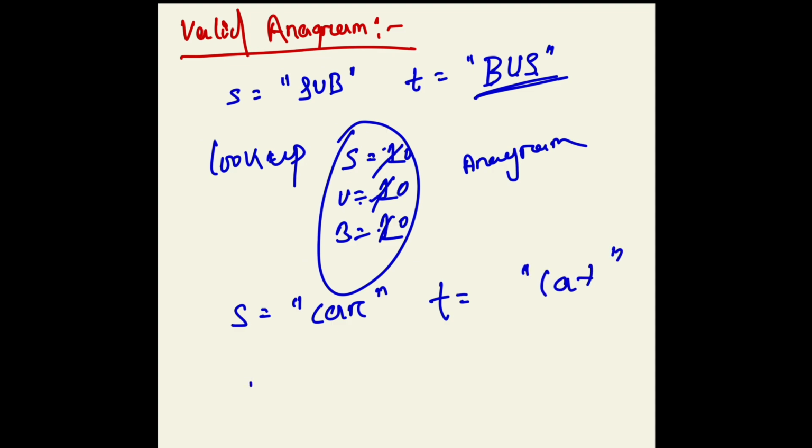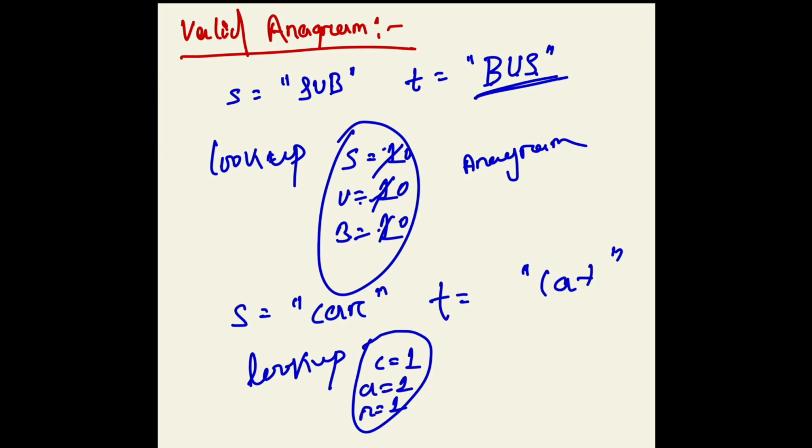So we'll store it in the lookup variable: c comes one time, a comes one time, r comes one time. And here we will run a loop on t and check in this map whether that character is present or not. First c is present, so we'll mark it to 0. a is present, we'll mark it to 0. t is not present, so we'll directly return false.